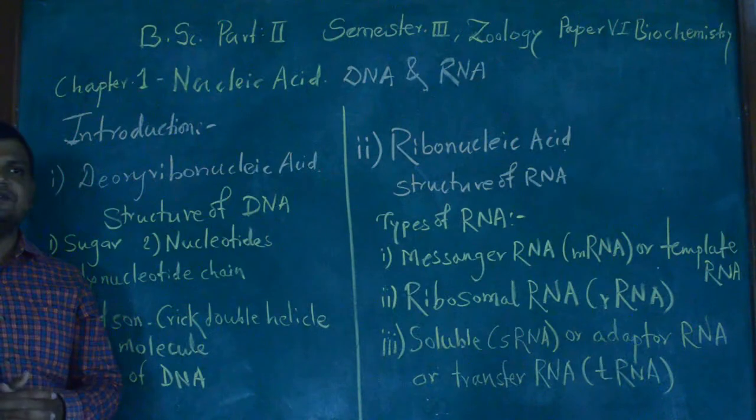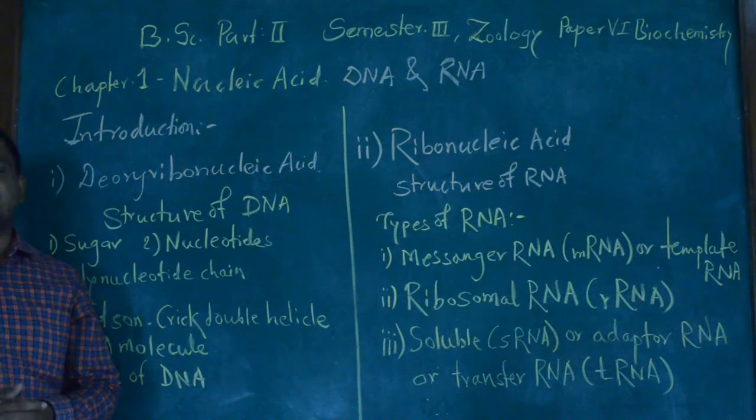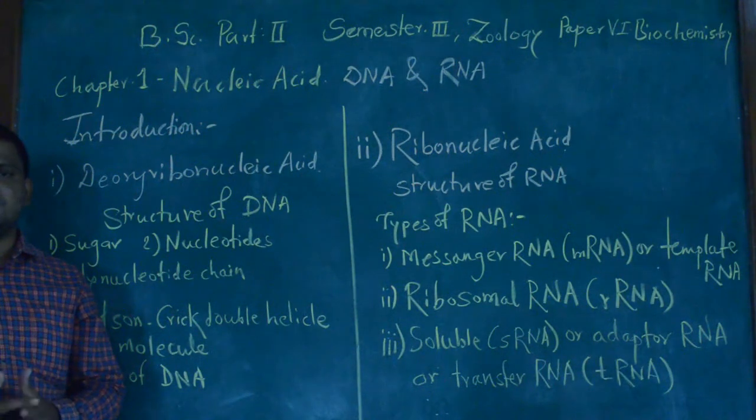While studying the DNA, we will look at the historical preview of this. There are a few scientists, for example Griffith's experimentation, Avery, MacLeod and McCarty's experimentation, and Hershey and Chase's experimentation. In every experiment, they determined how the DNA is responsible for genetic transformation.